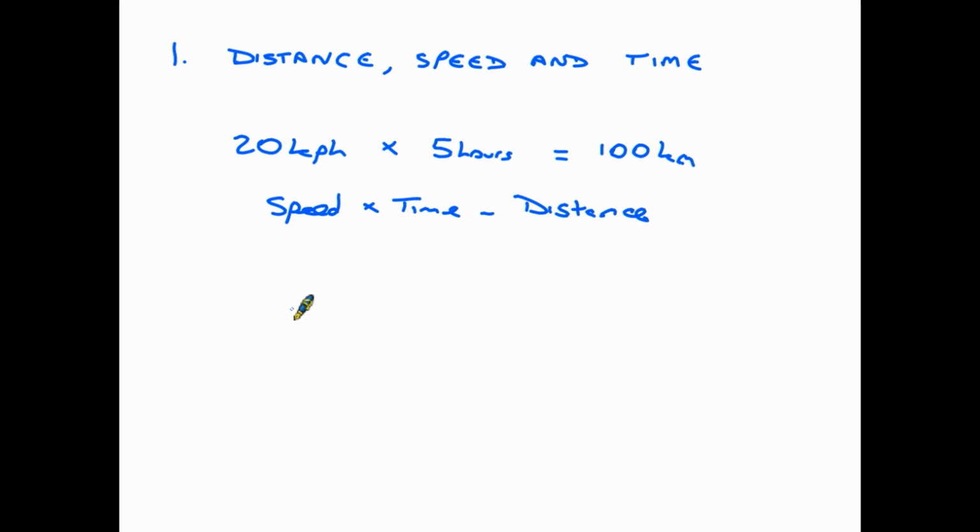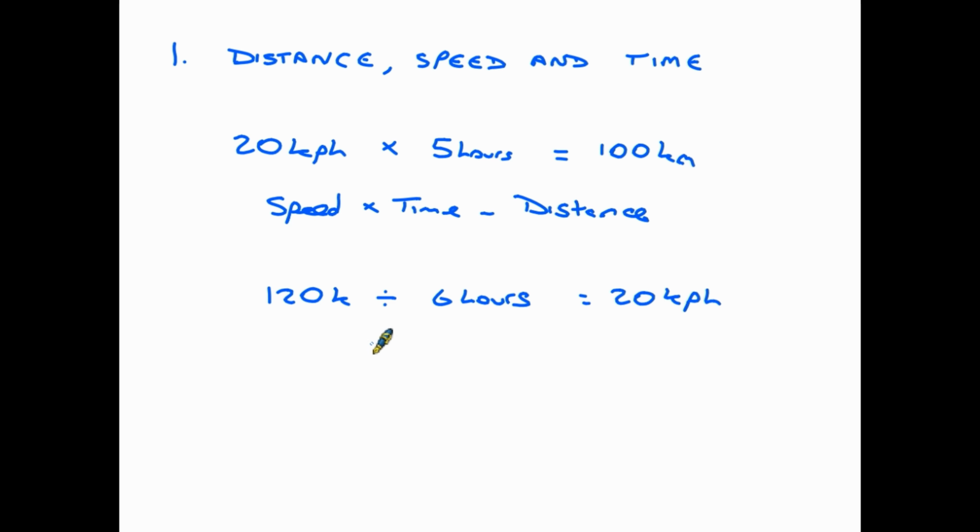Let's pick another example. Let's say that we have travelled 120 kilometres, and that is the total distance, and we have been travelling for 6 hours. Now in this case we've got the distance and the time, so if we divide 120 by 6, that means we have been travelling at 20 kilometres per hour.